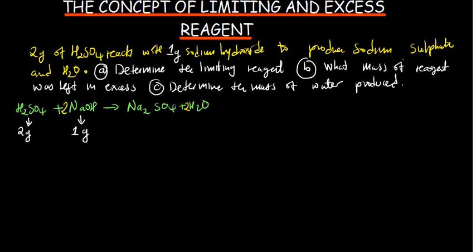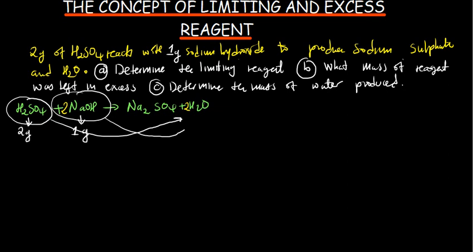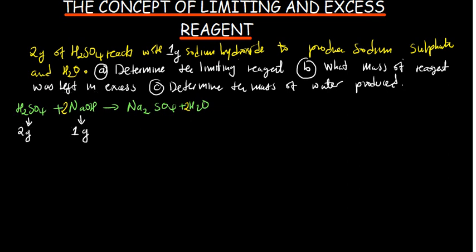So I'm going to use sulfuric acid to determine the mass of water we are going to form. I'm also going to use the sodium hydroxide to determine the mass of water that is going to be formed. And then we are going to determine which one is the limiting reagent. So that is part A. So let's start with sulfuric acid.